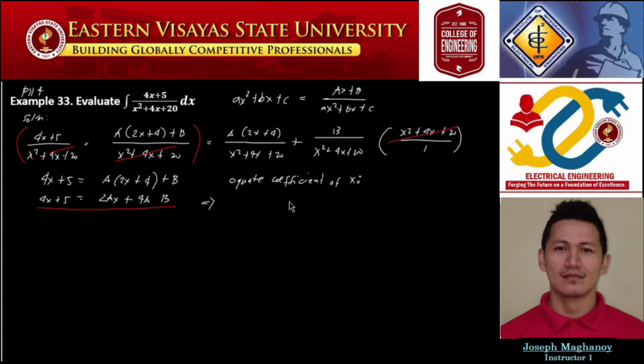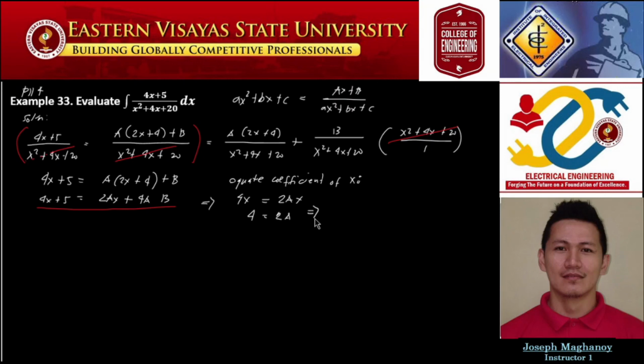So we have 4x equal to 2Ax. If we cancel x on both sides, we have 4 is equal to 2A.